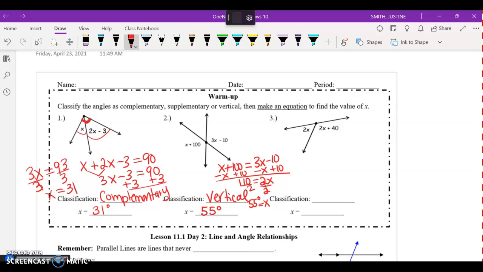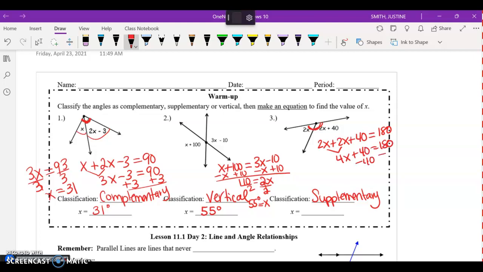Okay. For number 3, these two angles form a straight line. So we know that two angles that form a straight line are supplementary, and supplementary angles sum to 180 degrees. So we're going to make the equation 2x plus 40 plus 2x equals 180, which gives us 4x plus 40 equals 180.